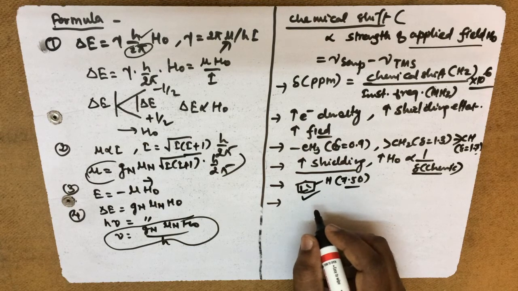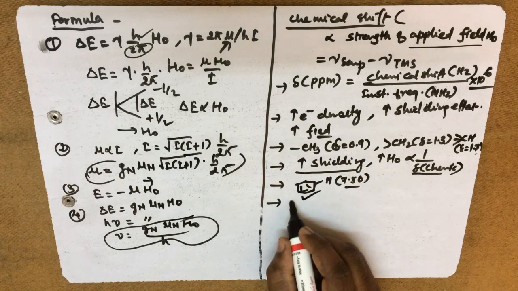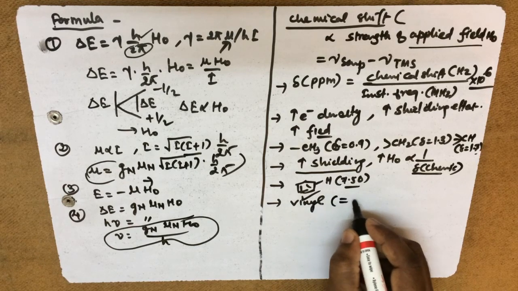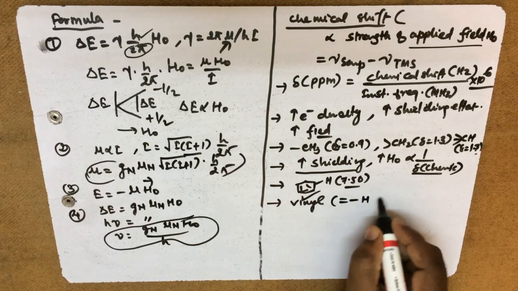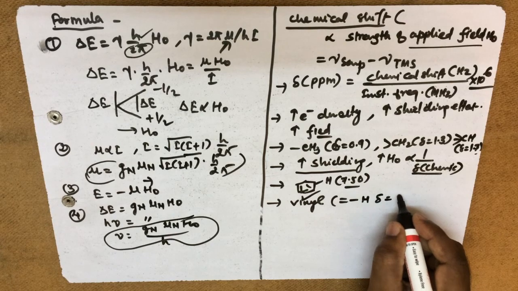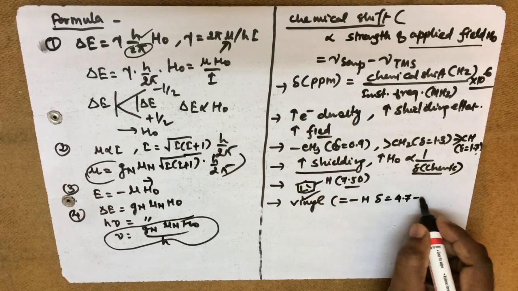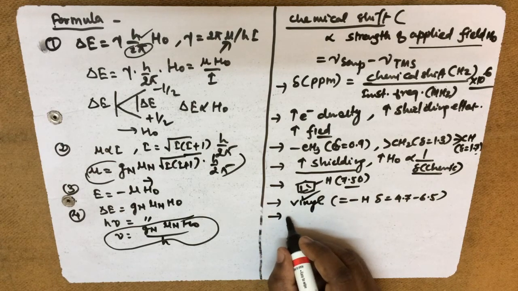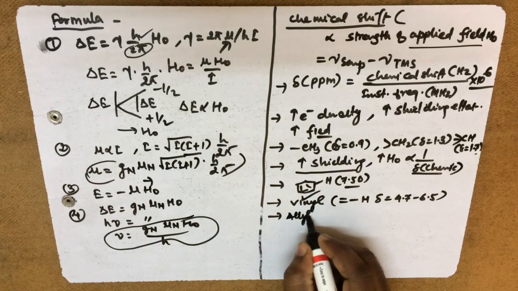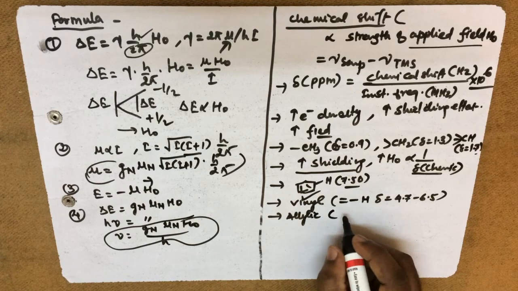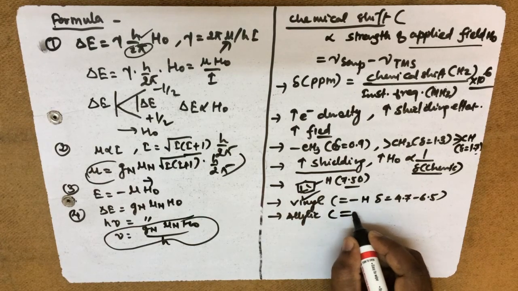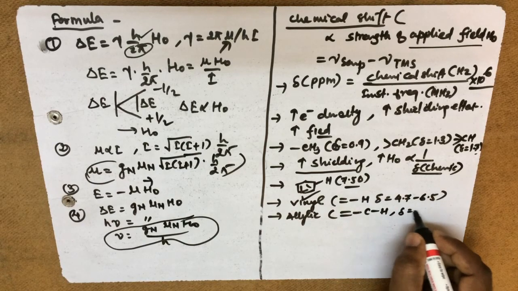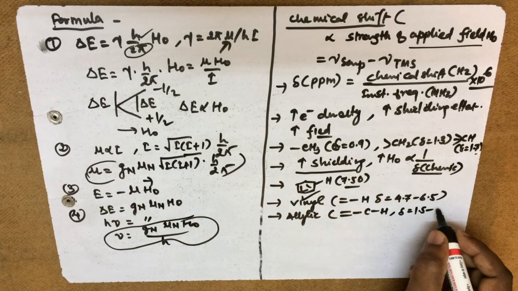Vinyl, the double bond H, delta value is 4.7 to 6.5. And next is allylic, the chemical shift value is 1.5 to 2.0.